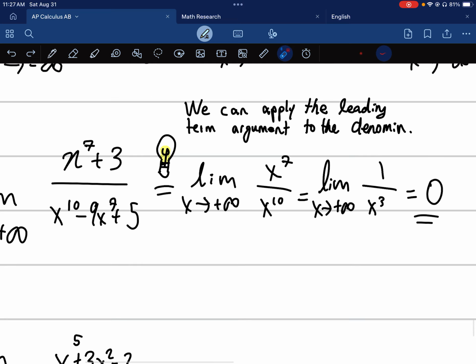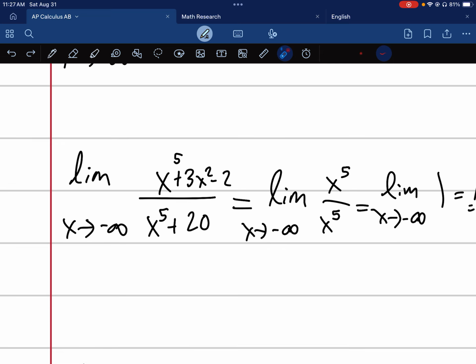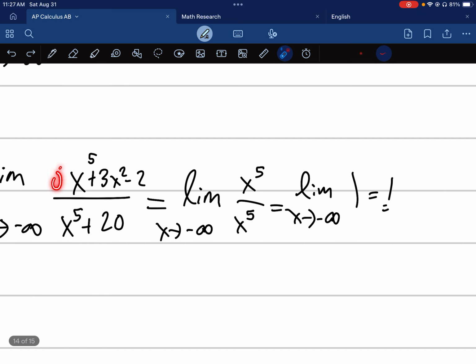In other words, we only write the leading terms. We get the limit as x approaches plus infinity of 1 over x cubed, and we get 0. Here, I think I'll just show this. This one's easy. We're just left with the coefficients over each other, and since they're 1, we're just going to get 1.